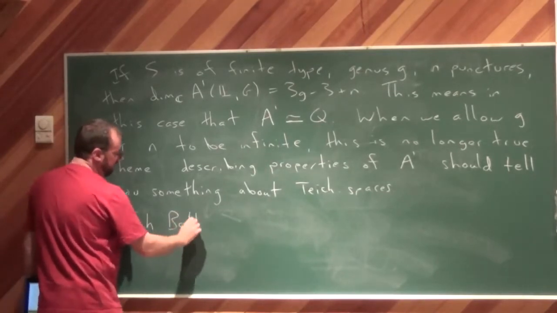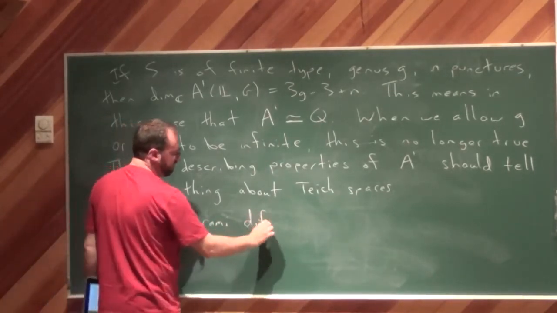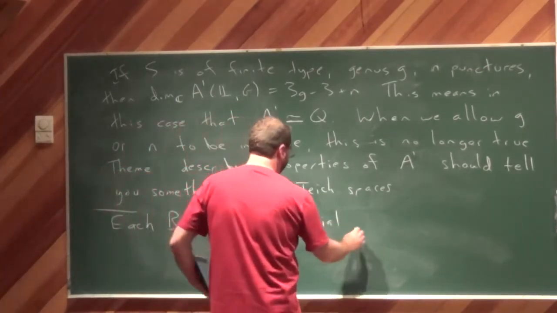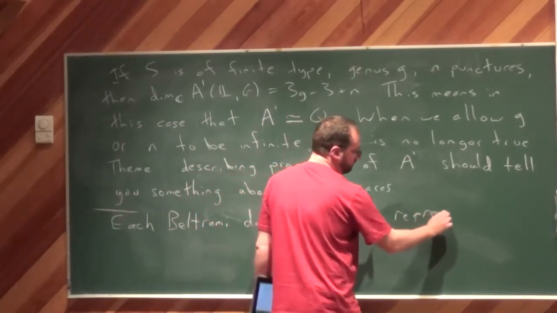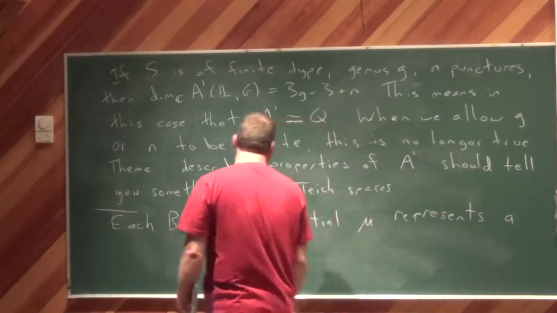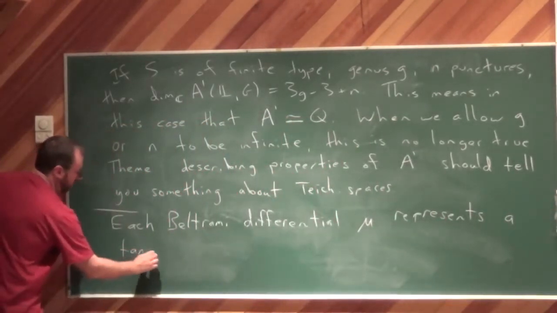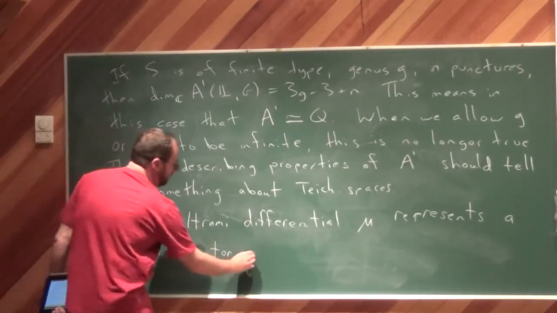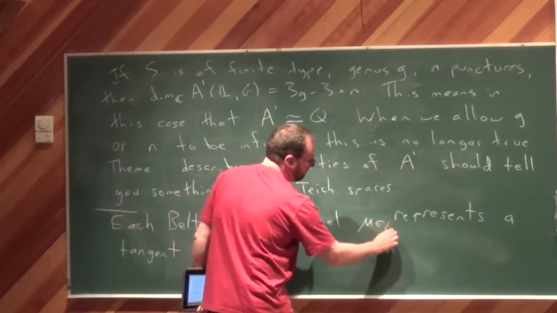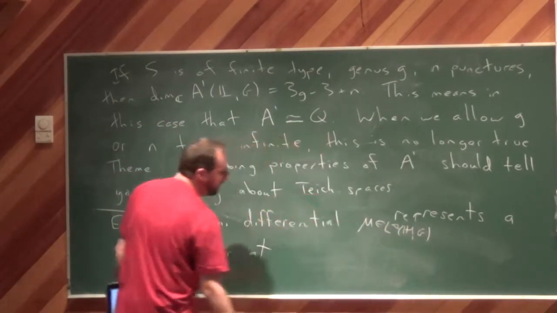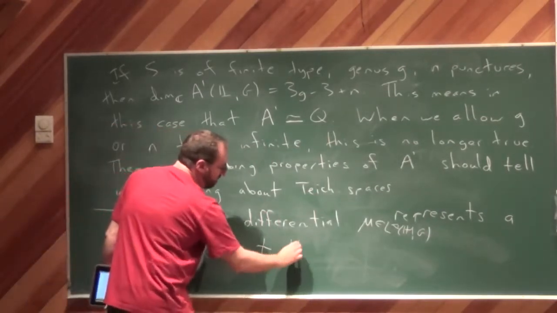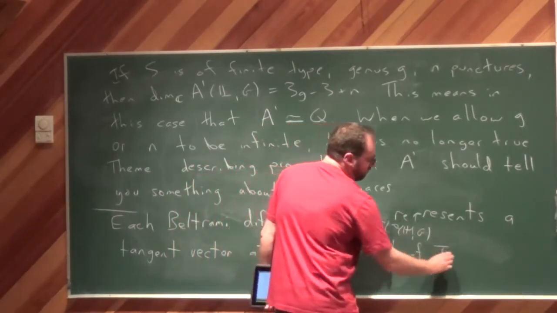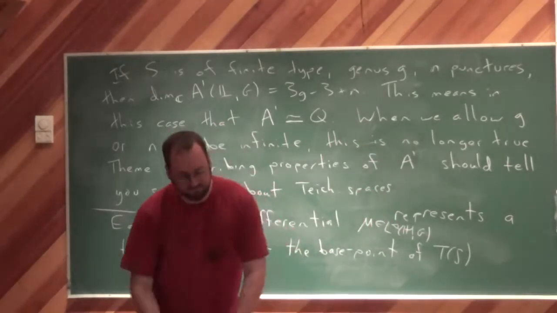So the point is each Beltrami differential mu in L infinity(H,G) represents a tangent vector at the base point of Teichmüller space.